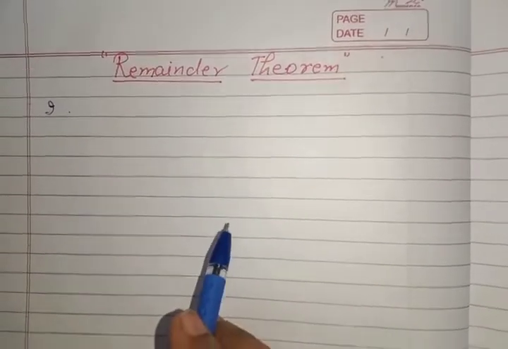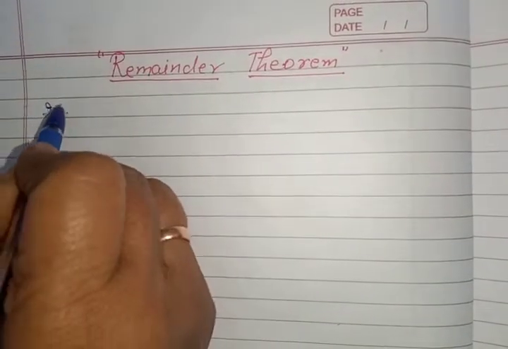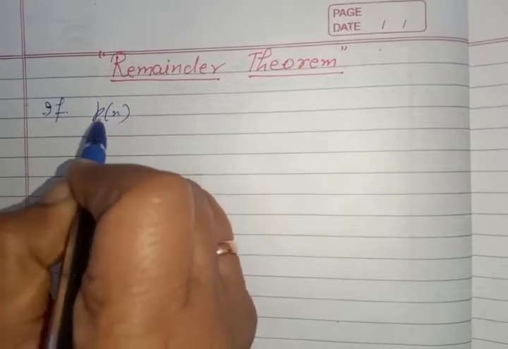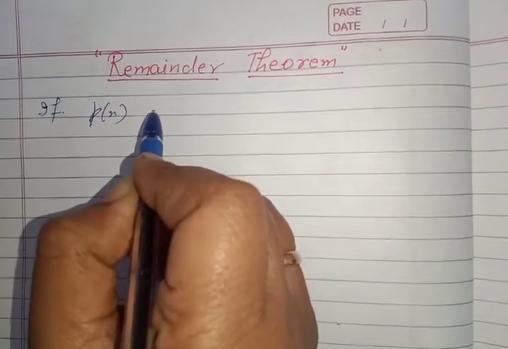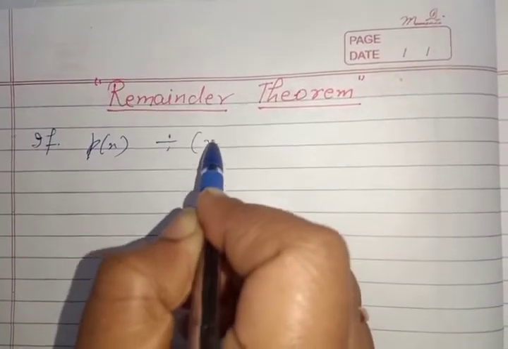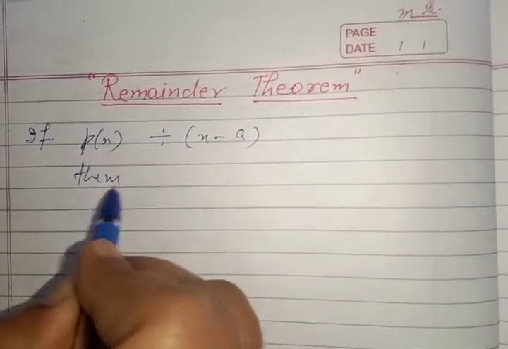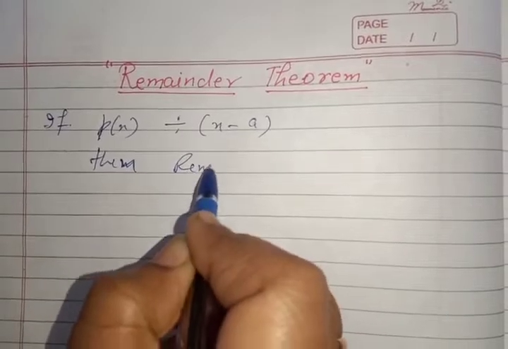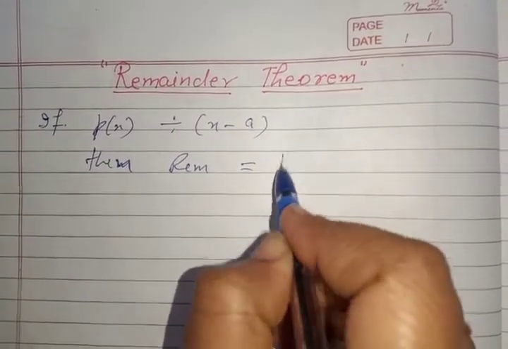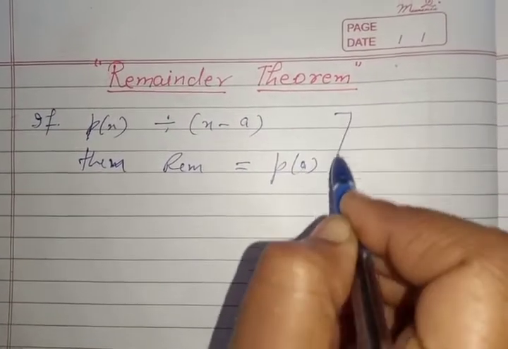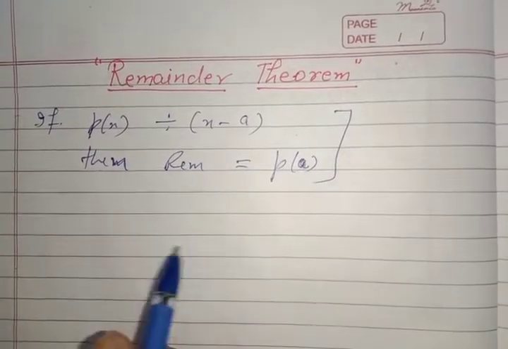Now we start remainder theorem. It says if p(x) is a polynomial divided by x minus a, then remainder is equal to p of a. This is remainder theorem.